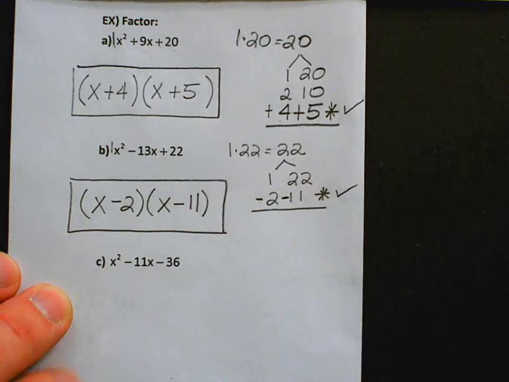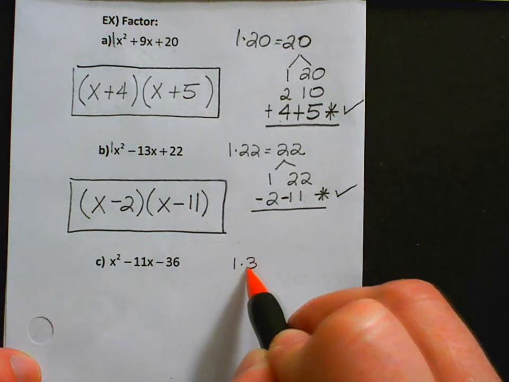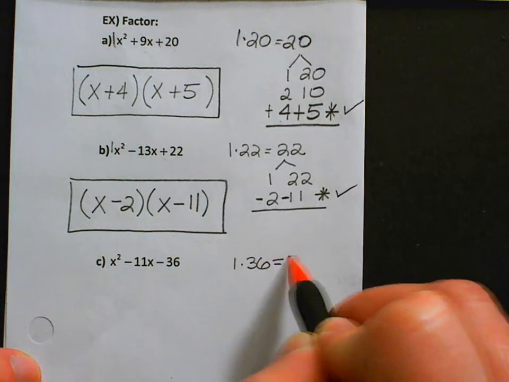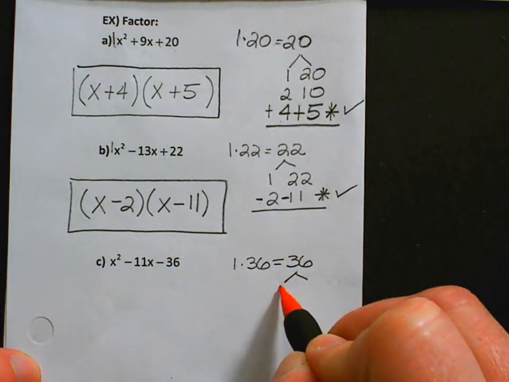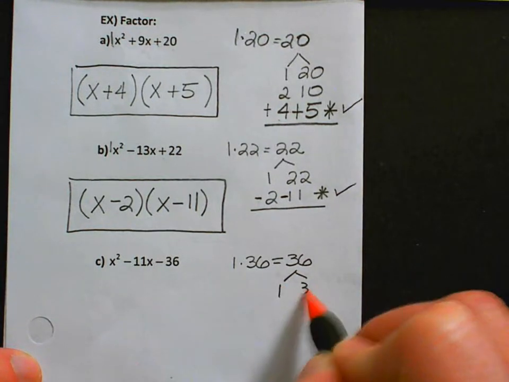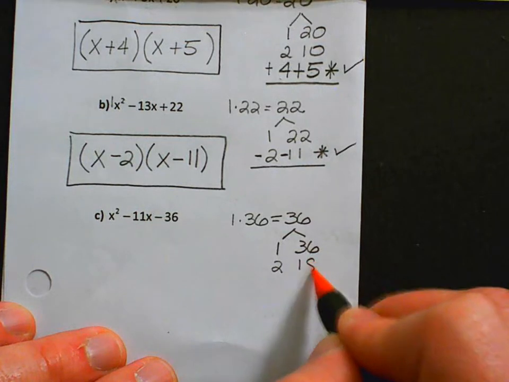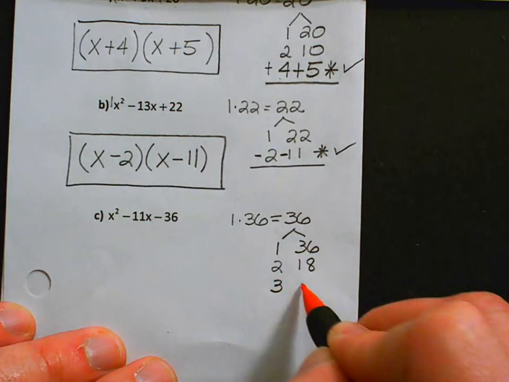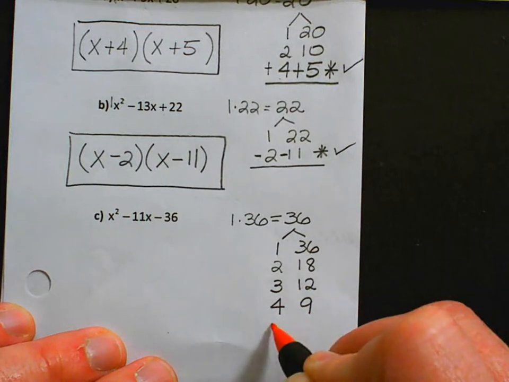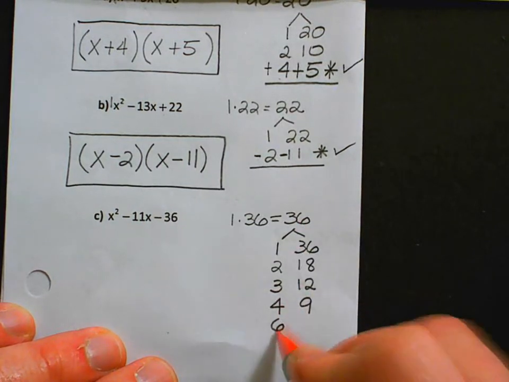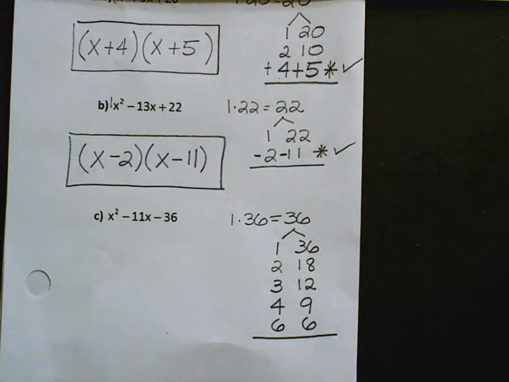Alright, let's try the next one. The next one would be 1 times 36, which is 36. And let's break it down: 36 as 1 and 36, 2 and 18, 3 and 12, 4 and 9, 5 does not go into 36, then 6 times 6, and that's our list.